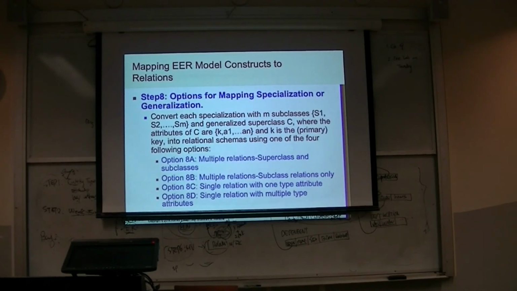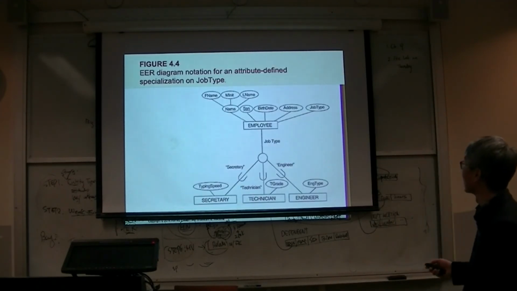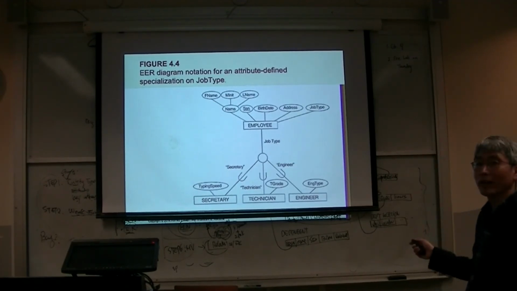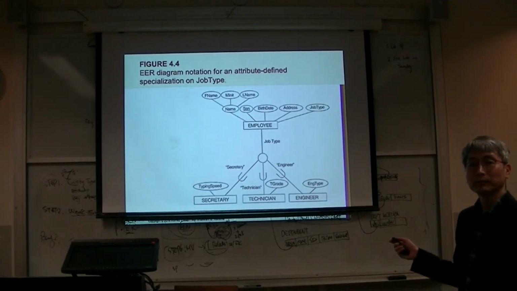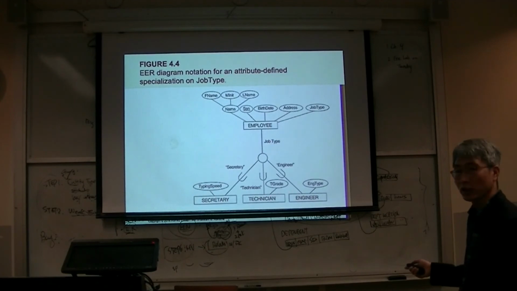Okay, then the remainder is the extended and enhanced part. Do you remember the enhanced model? For your reminder, how many entities do we have here? One. This is only one employee, but we have subclasses secretary, technician, engineer.